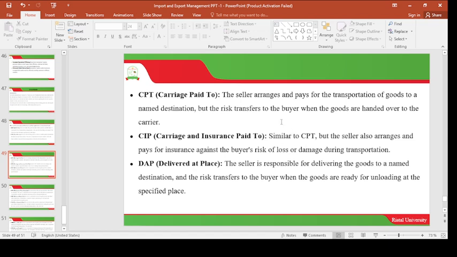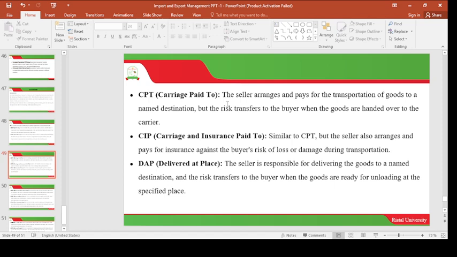Then another point is CIP, that is Carriage and Insurance Paid To. This one is almost similar to the previous term, but the seller also arranges and pays for insurance. In the previous one, the seller pays for transportation of these goods, but now with CIP, the seller also pays for insurance against the buyer's risk of loss or damage during transportation.